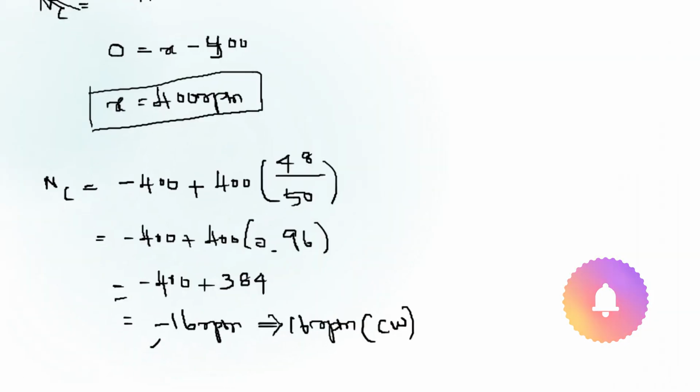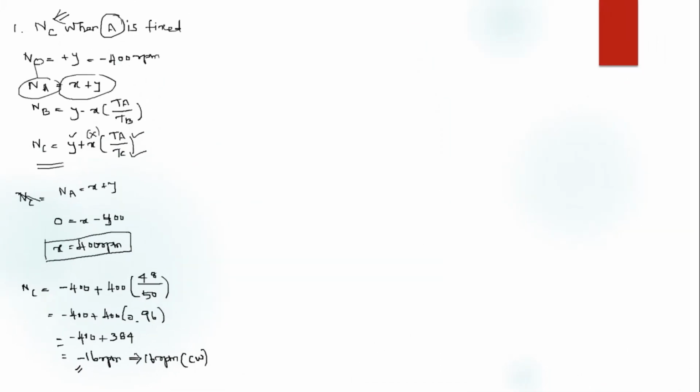Why clockwise? Because the minus sign is there, right. In order to remove this minus sign, put clockwise. So, the speed of N_C is equal to 16 RPM clockwise.